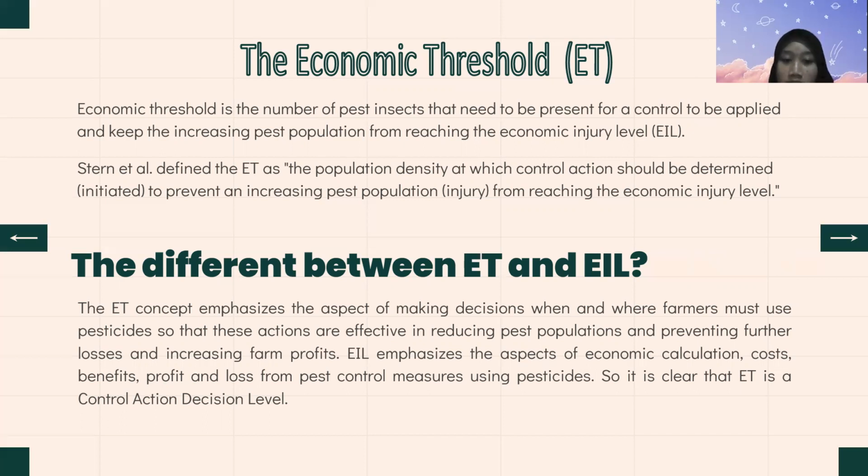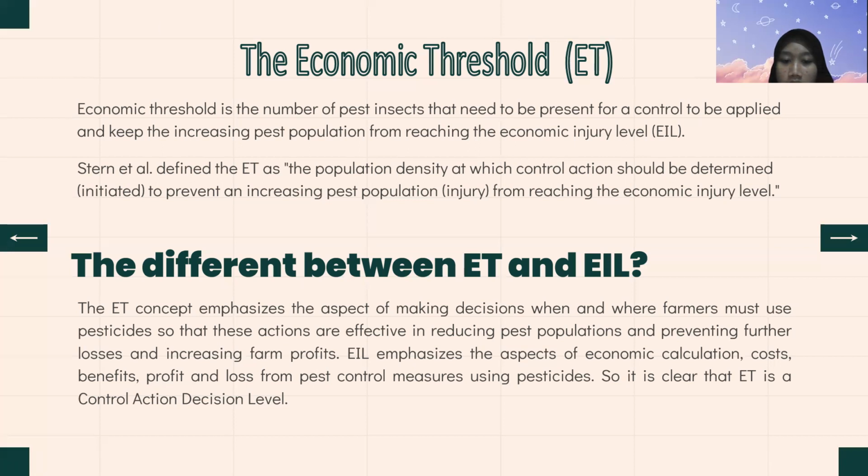And what is the difference between ET and EIL? The difference between ET and EIL lies in the concept. The ET concept emphasizes the aspect of making decisions when and where farmers must use pesticides so that these actions are effective in reducing pest populations and preventing further losses and increasing farm profits.